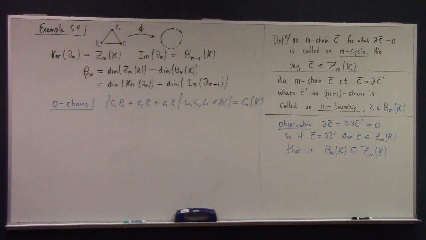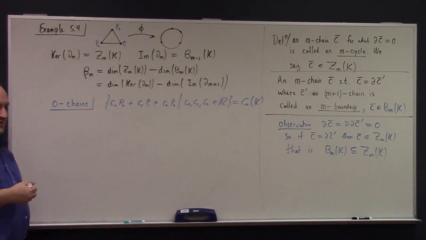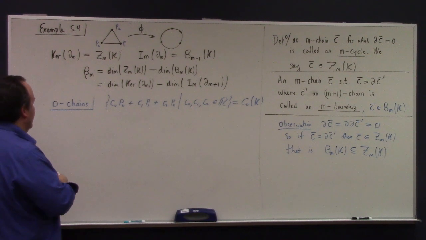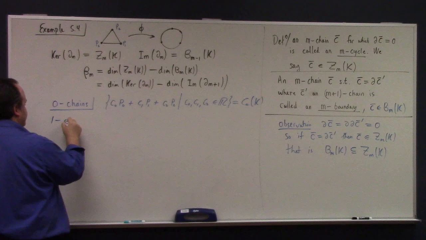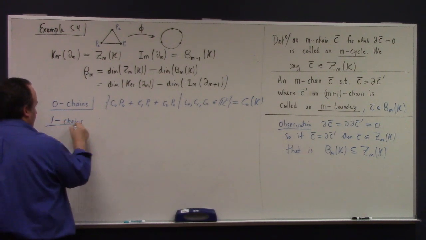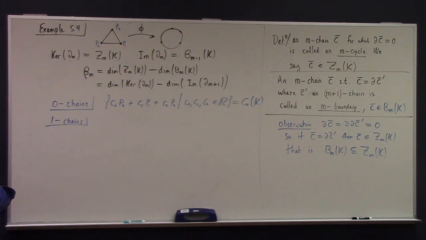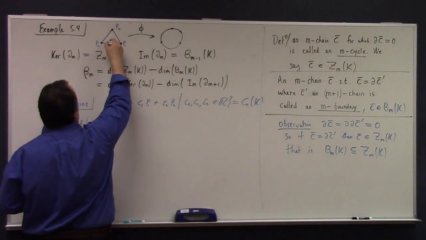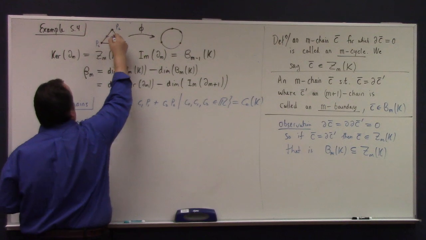It's starting to get really old writing of K. Since there's only one K in the example, we could probably stop writing the of K if you guys want. I don't think there's much danger for confusion. Okay? Sorry about that. How about one chains? You've just got this and this and that, right?